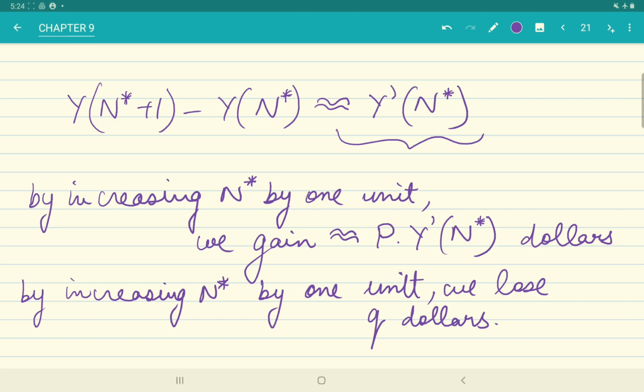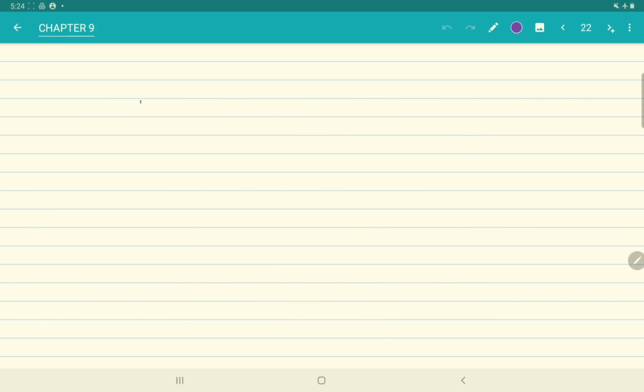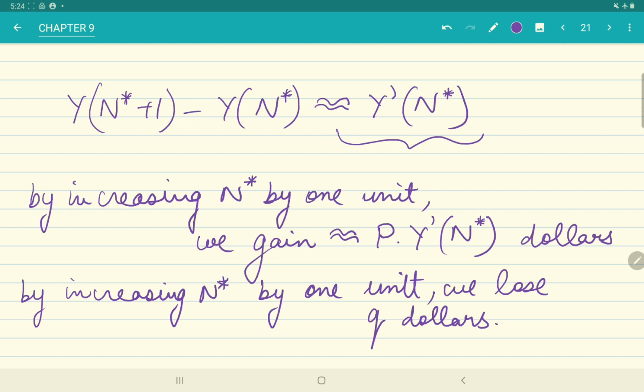So now we can interpret our condition. The condition was p y prime n star equal to q. And here we see these two cases, this and this.